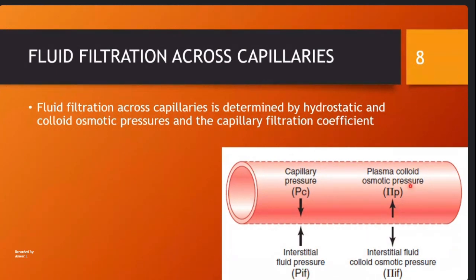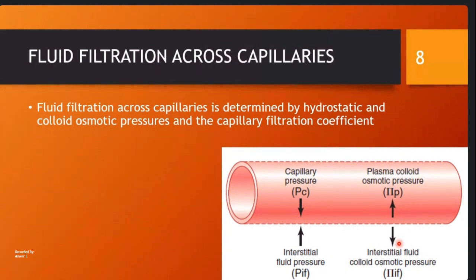But on the other hand, we have one very important force that tends to absorb water from the interstitium into the capillaries. In fact, this force is the osmotic colloid pressure of the proteins such as albumins that we have in the blood, and they generate a very strong absorptive pressure.